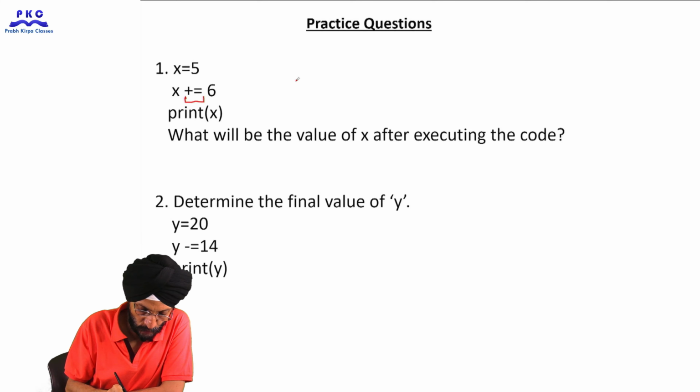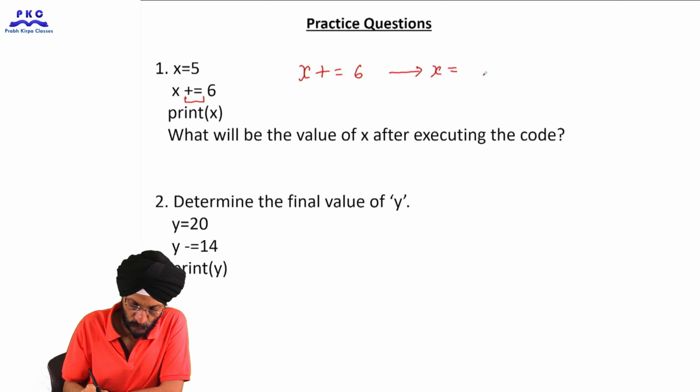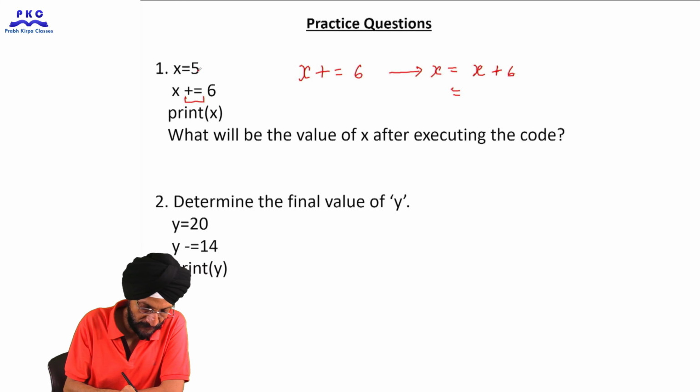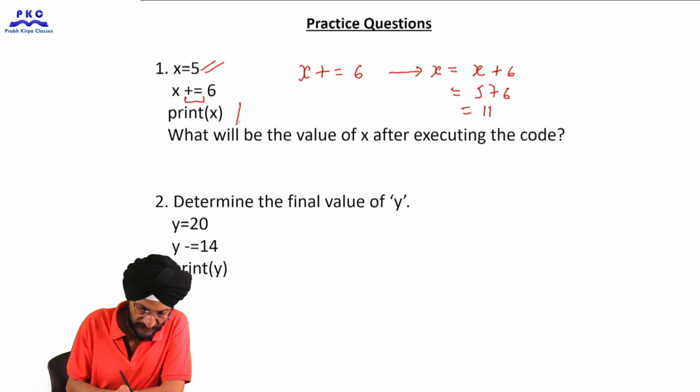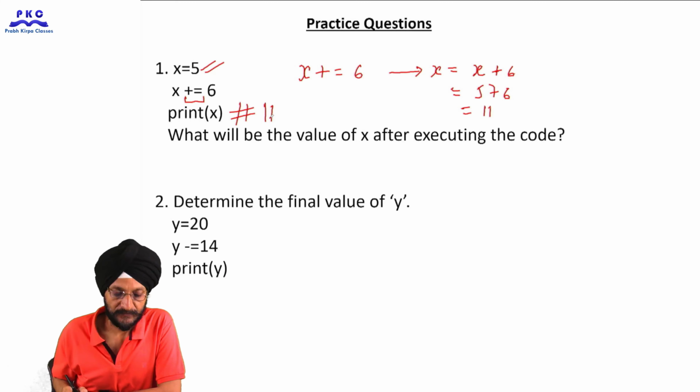Here x plus equal to 6 means x is equal to x plus 6. So what is the value of x which has been given to us? It is 5. 5 plus 6 is equal to 11. So print x, the output will be 11.